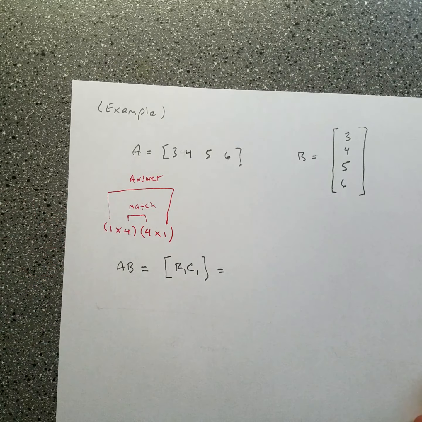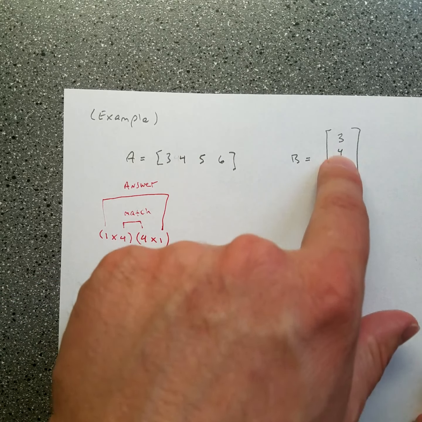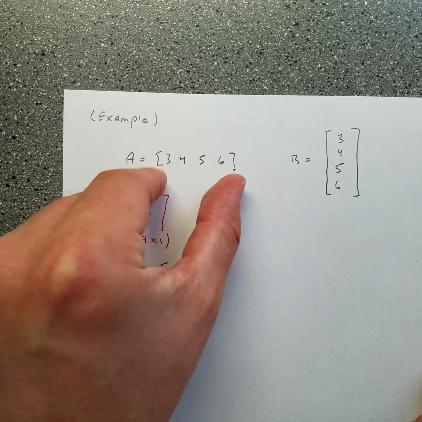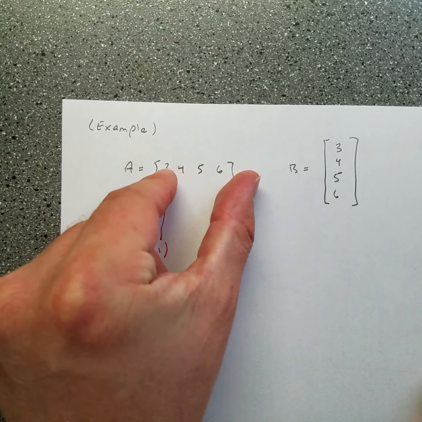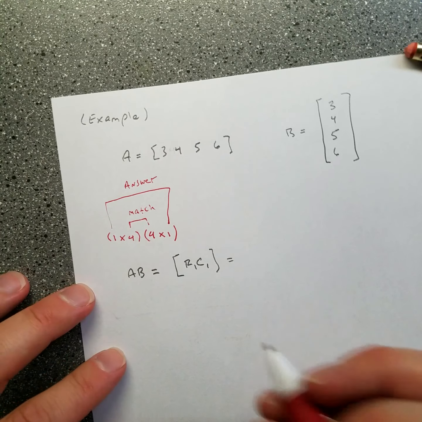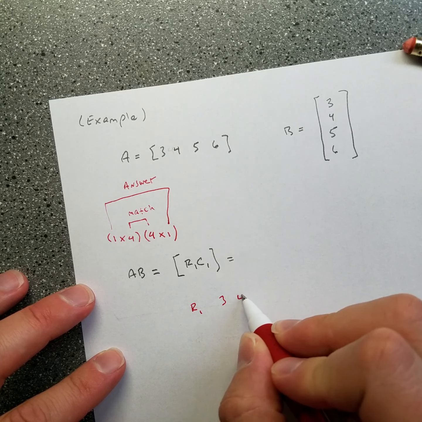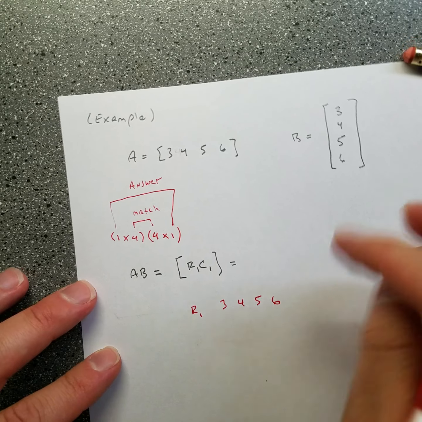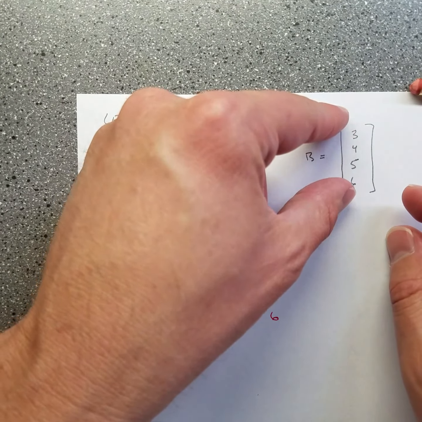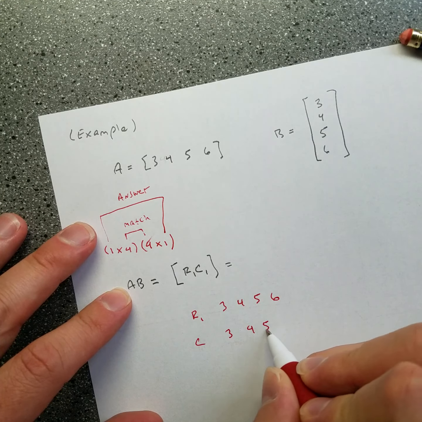So let's see. Imagine, how do we multiply the row right there times the column right there? We take this, we pick it up, we turn it sideways just like this, and we see how the numbers fit on top of each other. So let's do like I did before. R1 is 3, 4, 5, 6. C1 right there, if I take it and turn it like that, it's going to be 3, 4, 5, 6.